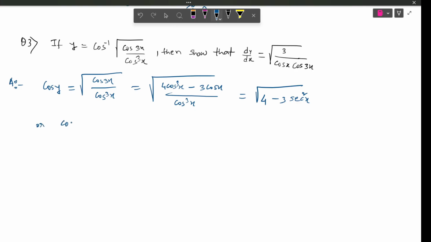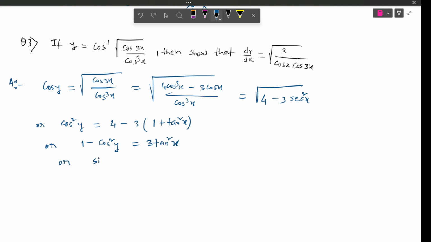Now squaring both sides, it is cos square y equals to 4 minus 3. In place of sec square x, we can write 1 plus tan square x. So here 4 minus 3 is 1, and if you take cos square term in the right hand side and this term in the left hand side, so this would be 1 minus cos square y equals to 3 tan square x.